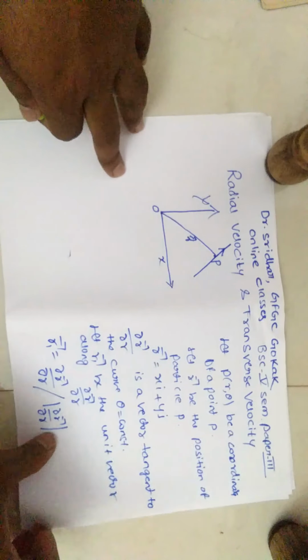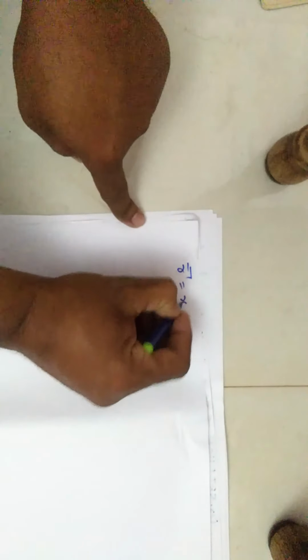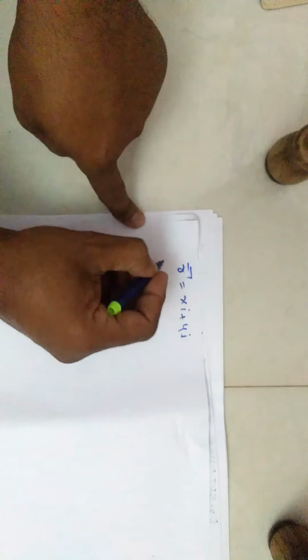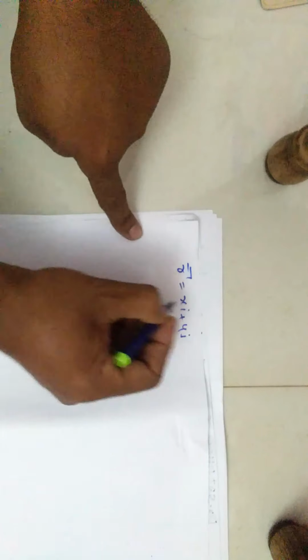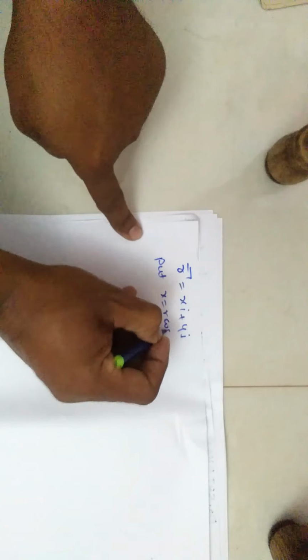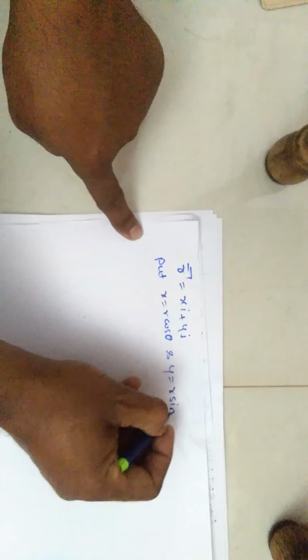Next, as r bar is equal to xi plus yj, we put x equal to r cos theta and y equal to r sin theta.